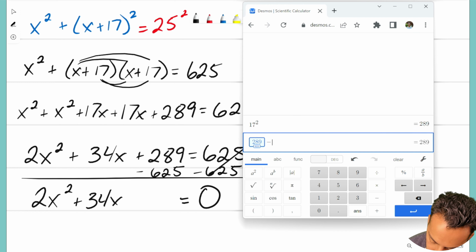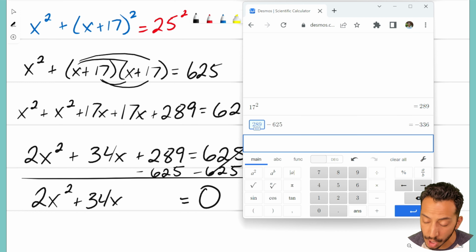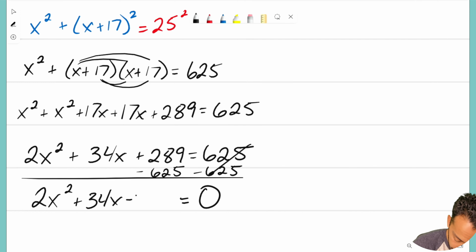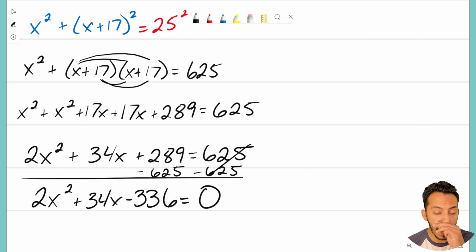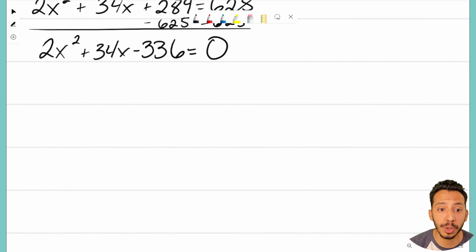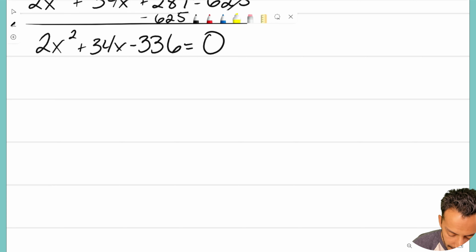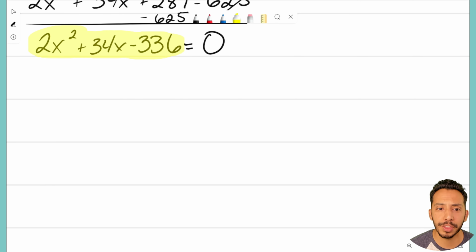Whoops, let's do this. Answer minus 625, we see it ends up being negative 336. What I need to do now is I need to factor this equation here. I need to factor 2x squared plus 34x minus 336.